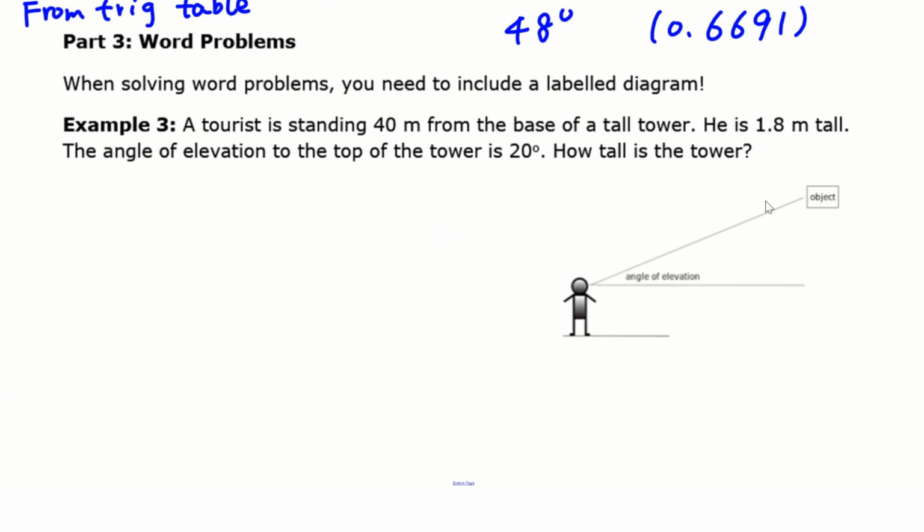So this is where we are going to use these trig ratios, the trig table, using the ratios to connect the angle and the size to find the unknown size or unknown angle. So this one, a tourist is standing 40 meters away from a tower.